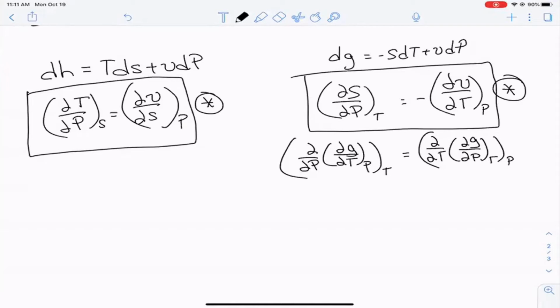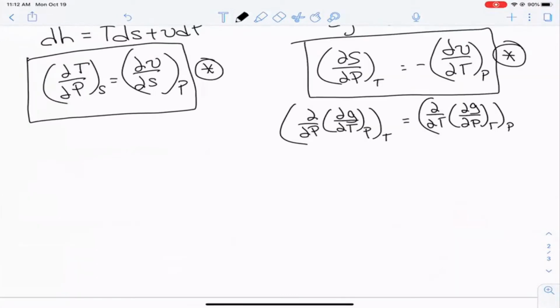Here there are so many thermodynamic variables that we're trying to track. I really prefer to be very specific about what is being held constant, and that's why I'll have these subscripts. It'll also help us track it later when I give you a shortcut for a couple of other things.